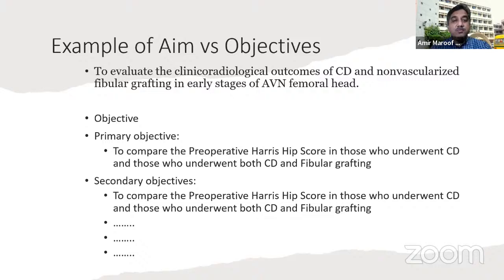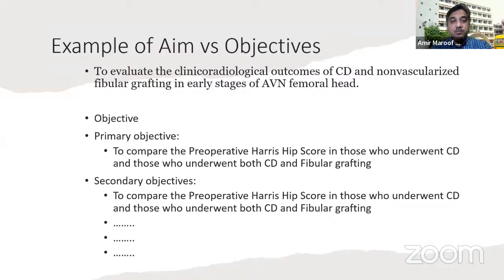One primary objective, because this primary objective will determine your sample size calculation later on, and various other things that we're going to discuss regarding methodology. You will have to focus more on the primary objective. This is your study's primary objective. And secondary objectives, you can write as many as you want.